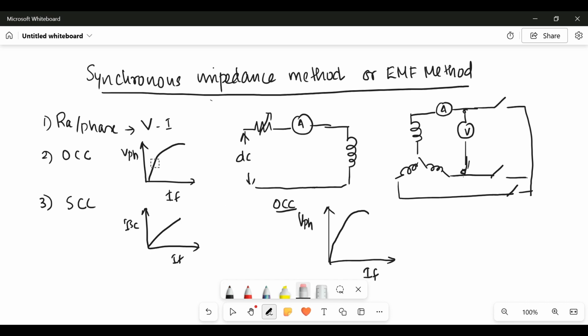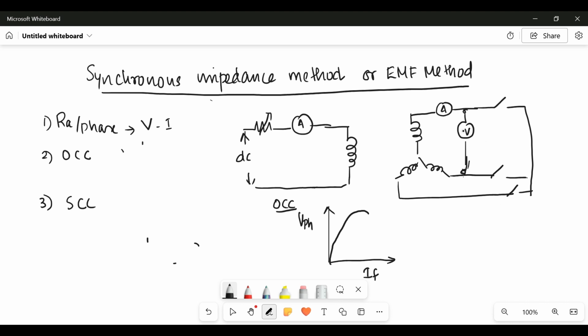Next is the short circuit characteristics. For short circuit characteristics, we need to adjust the speed of the prime mover to the rated speed. That is, the field should rotate at the synchronous speed, and the TPST switch should be in closed position. Since it is short circuit characteristics, the TPST switch should be closed.